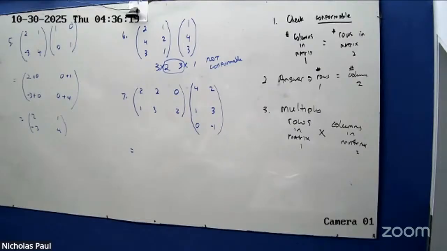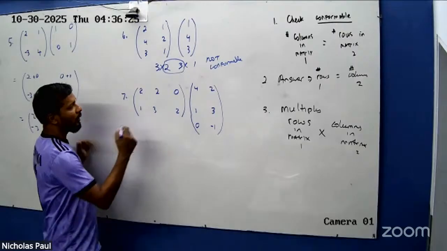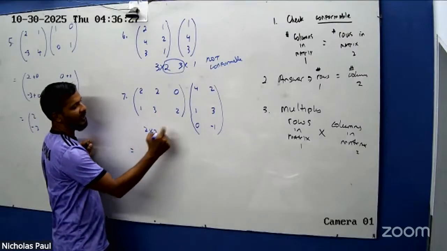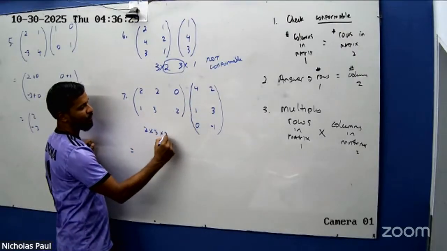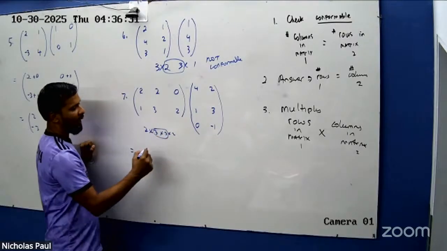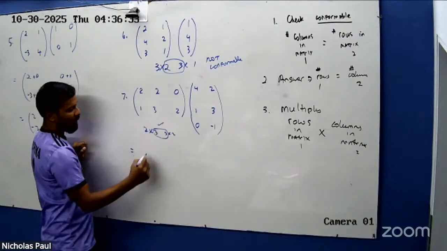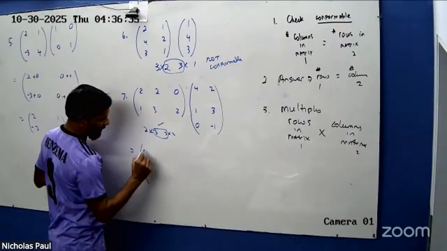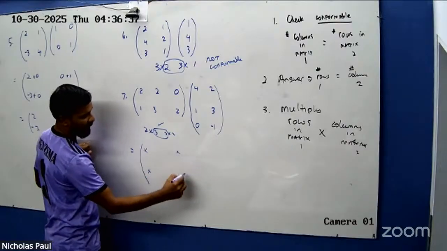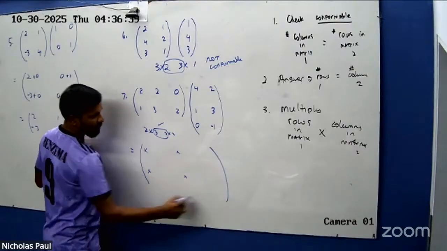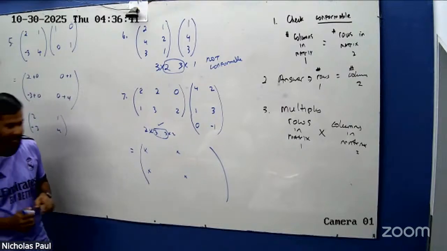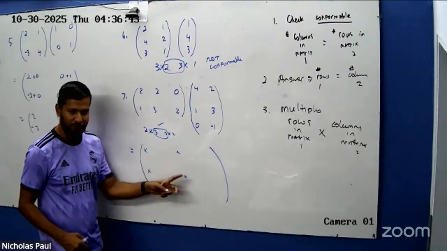Gotta be careful. Your answer is a what? Your answer is a 2 by 2. Here we have a 2 by 3 multiplied by a 3 by 2. So as I said, I like to kind of list it out, right? I'll put one here, one here, one here, one here. It reminds me that I have to get 1, 2, 3, 4 values, right?